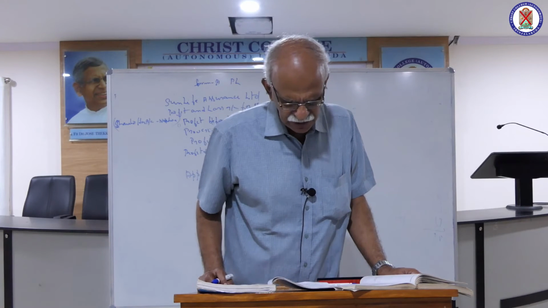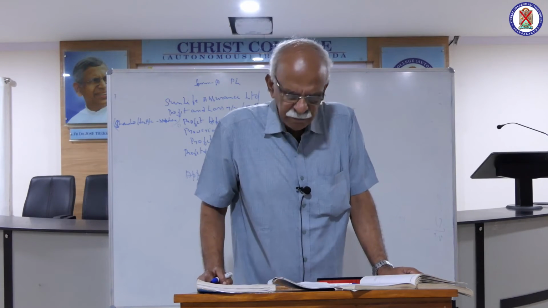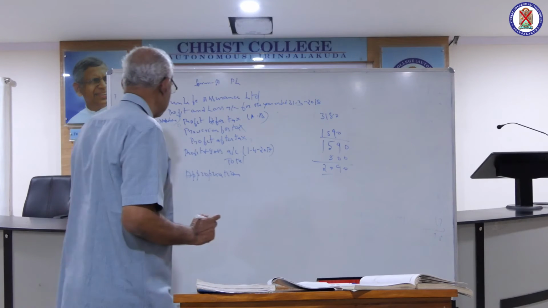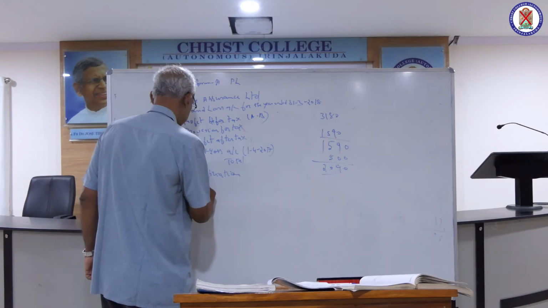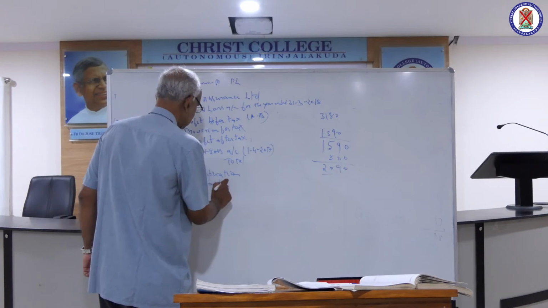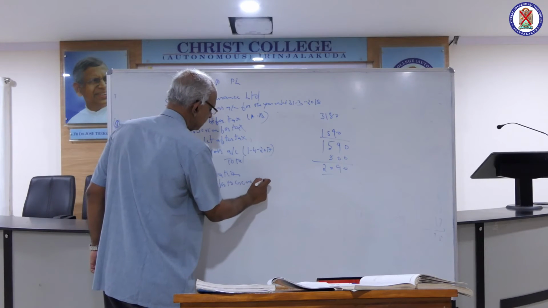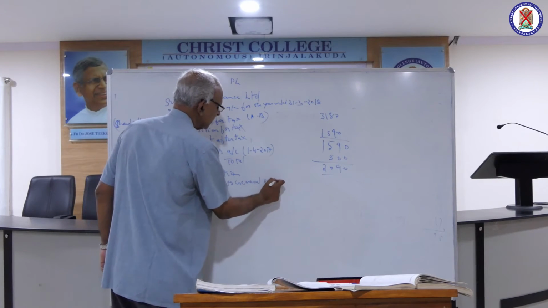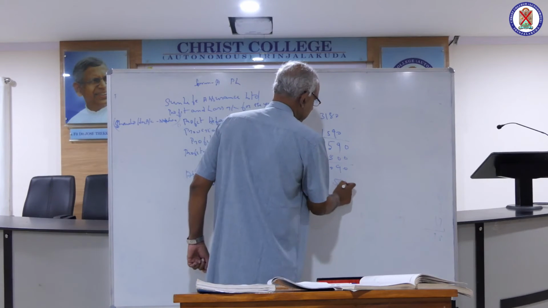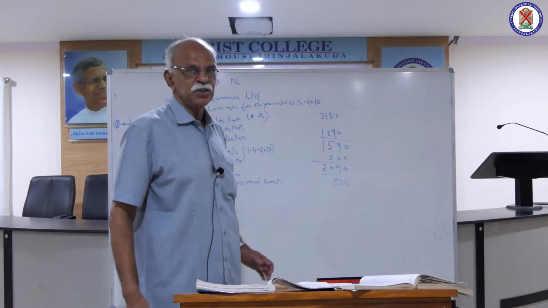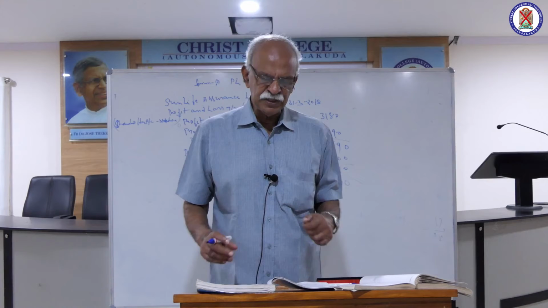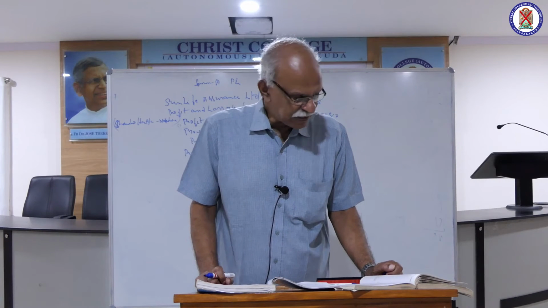Transfer to general reserve, $500. In appropriations, a part of the profit is transferred. That is transferred to general reserve.